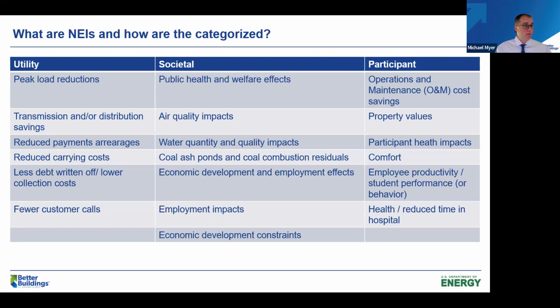Could be how you improve property values. The opening slide was about daylight and the effect on rent premium. So in some cases, either the appearance of the light or daylight or some other function might actually increase the value of the home or the building, and that might be something. Participant health impacts typically lean more towards the IAQ side, air quality, and comfort.